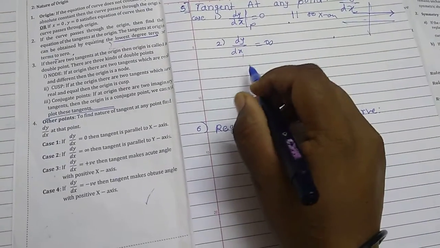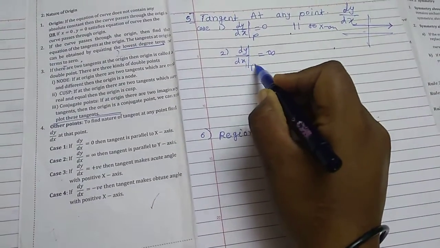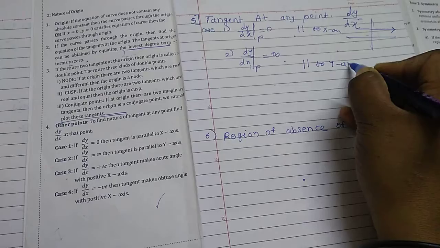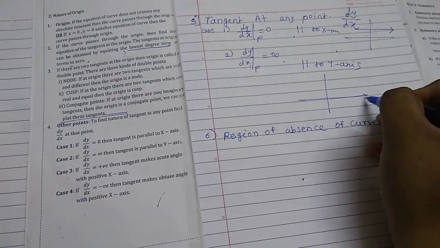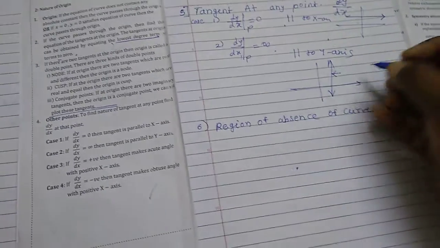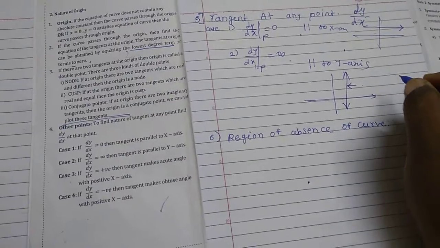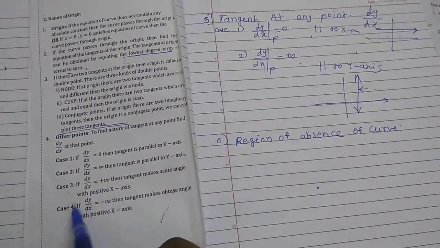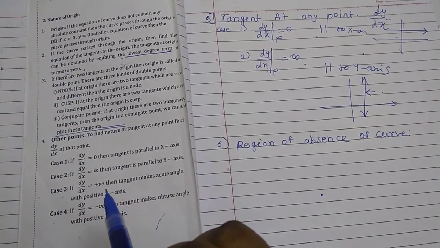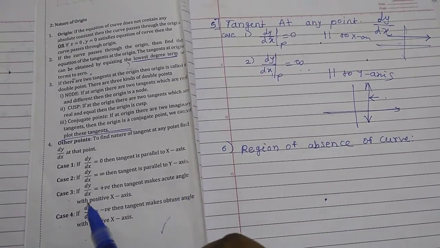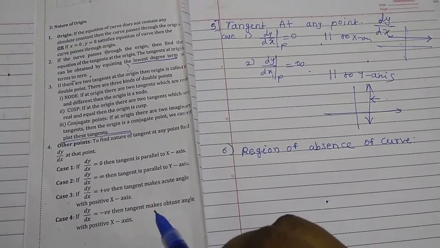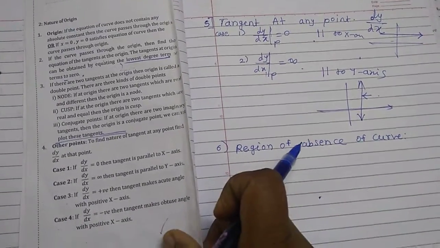Next, if dy upon dx at that point equals to infinity, then tangent is parallel to y-axis. That is, we have slope infinity and therefore tangent is parallel to y-axis. Okay. Next, if dy upon dx is positive, not 0, not infinity, then tangent makes acute angle with positive x-axis, and if it is negative, then tangent makes obtuse angle with positive x-axis.